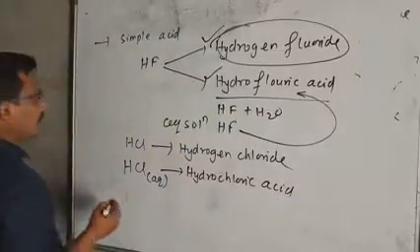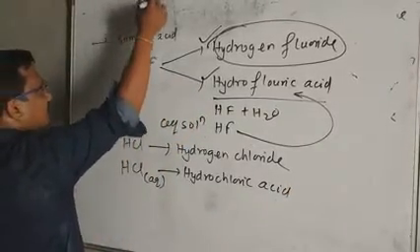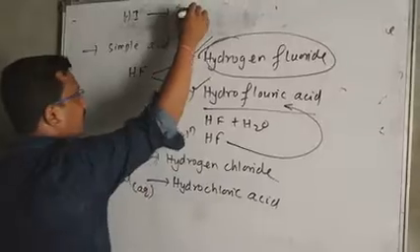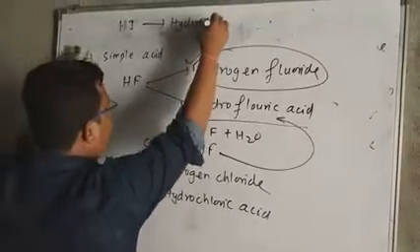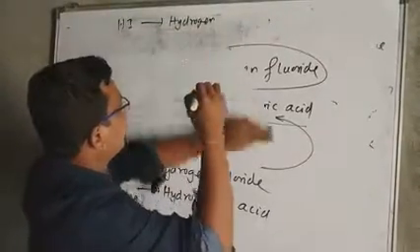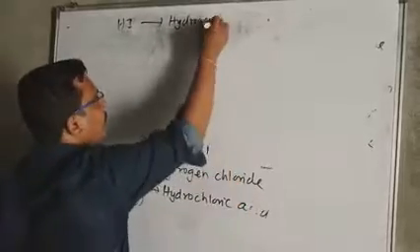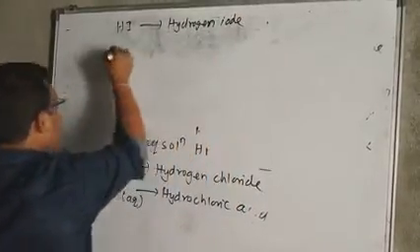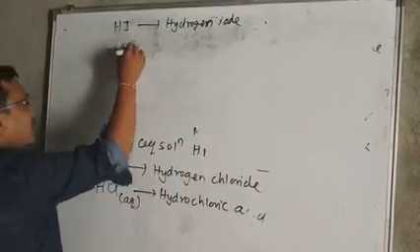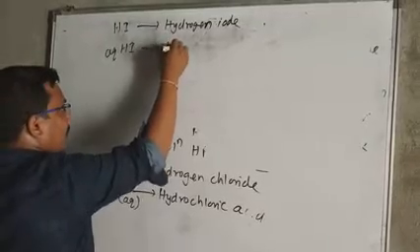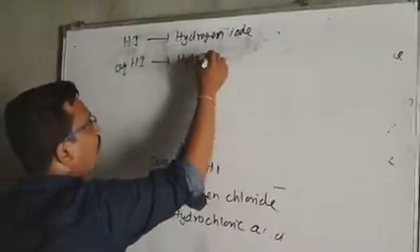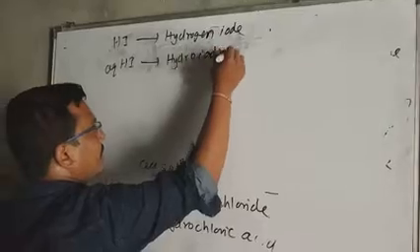Like that, HI is hydrogen iodide, and the aqueous solution of HI is said to be hydroiodic acid.